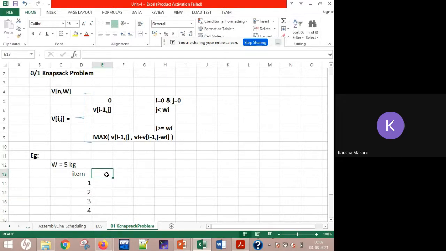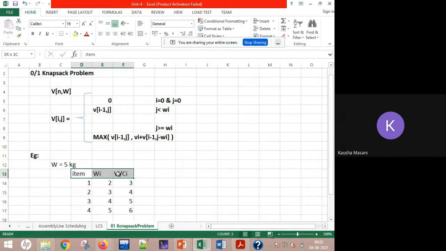Their weights Wi are 2, 3, 4, and 5 respectively, and their V of i or C of i, whatever you are denoting it as, are 3, 4, 5, and 6.